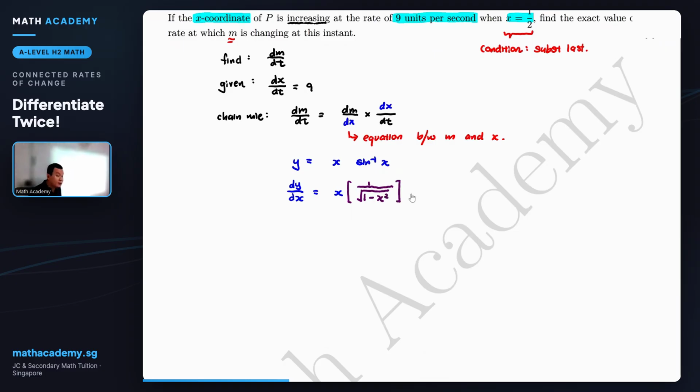Available in the formula list, so no need to worry. Plus, I keep my sine inverse x. Differentiate x will give me 1. Okay, so not much we can simplify, except we can just try to combine together.